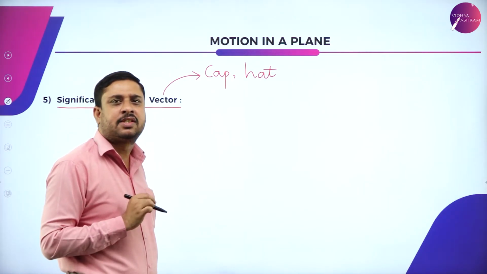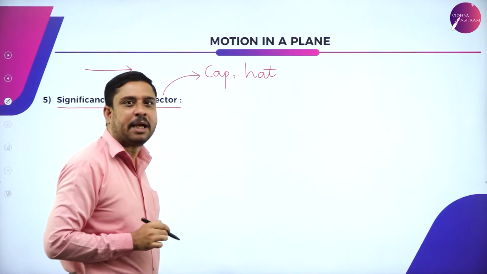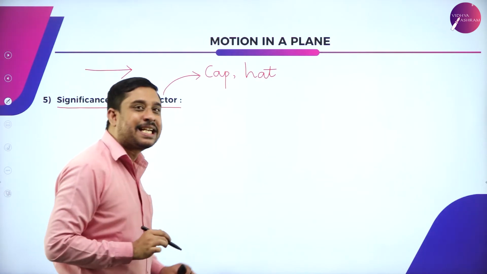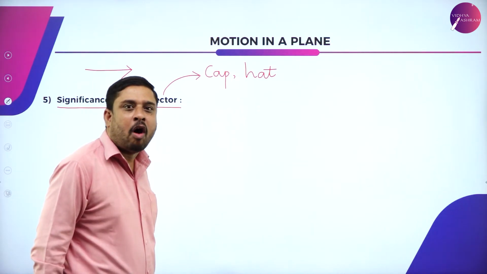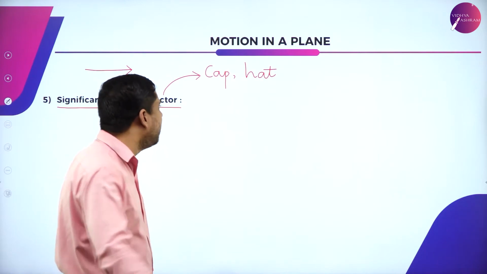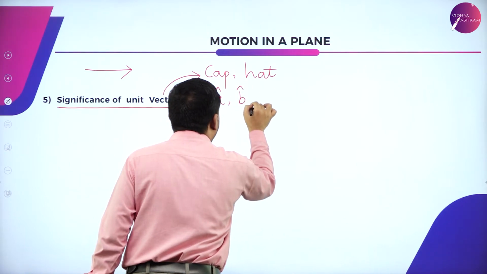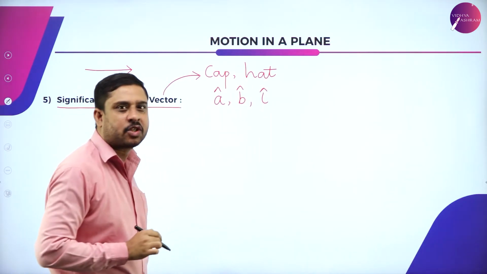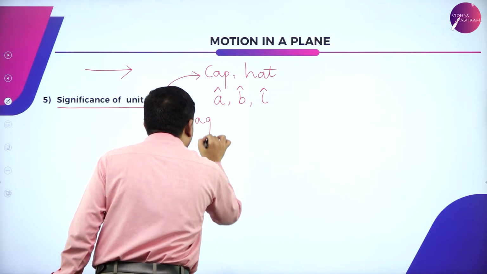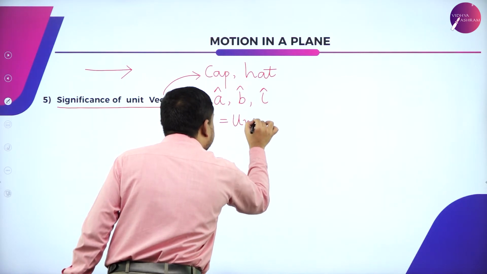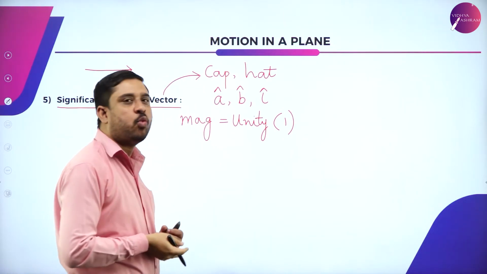All other vectors were represented by directed line segments, but uniquely the unit vector is represented by a cap or a hat on its head, like A cap, B cap, I cap, etc. And the magnitude of this unit vector is unity, which is always 1.